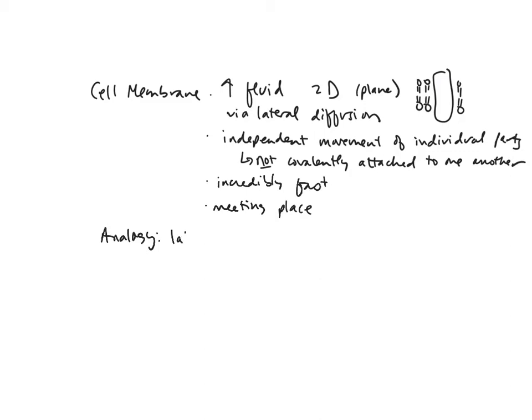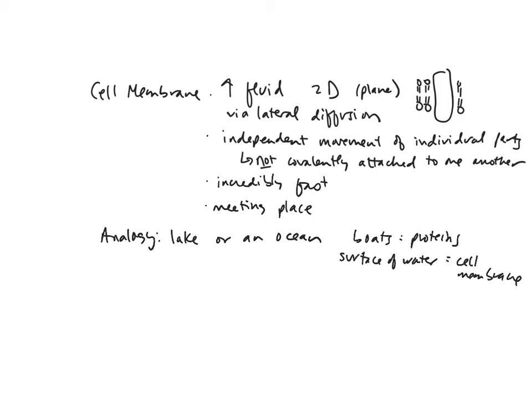If you think about a lake or an ocean, and consider each of the boats to be proteins and the surface of the water to be the cell membrane, then my very fancy boat here is going to float away randomly and be pretty hard to find unless it is anchored or tethered somehow.